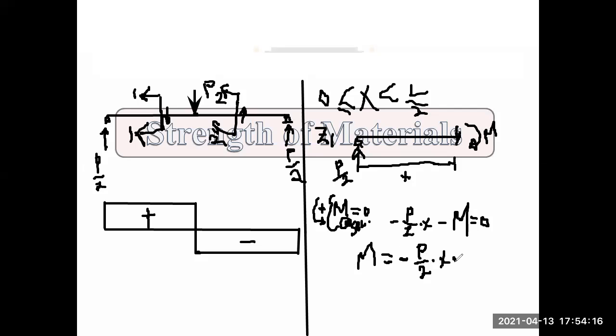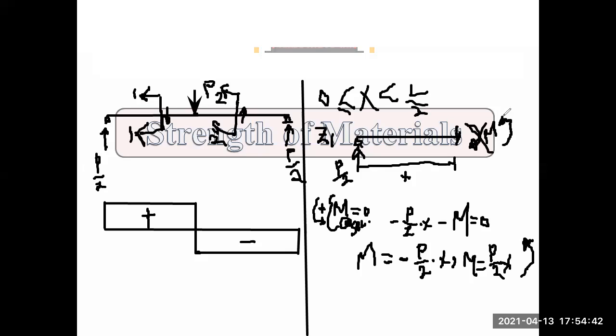So I say M is equal to P over 2 times X, positive, and it's not clockwise, it's counterclockwise. My assumption was wrong, so the M is counterclockwise.